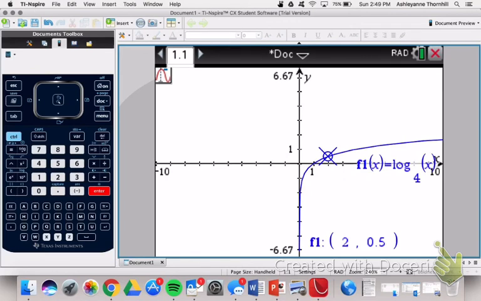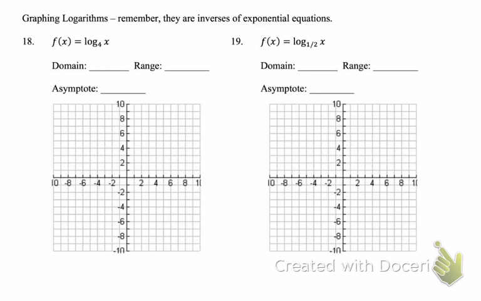At 2, it's 0.5. At 3, 0.792. I could also do 4, at 4, 1. So what I would do is just type in numbers and put them out to the side. So I'm going to go back to my graph and make a little chart out to the right where I have x, y. You have 1, 0, 2, 0.5, and 4, 1. So I'm going to graph those.